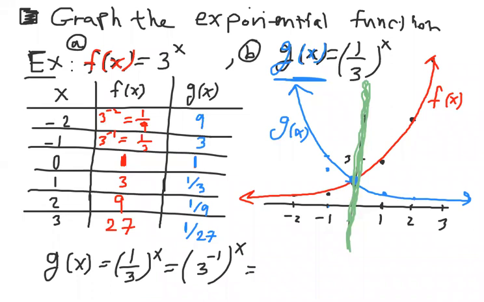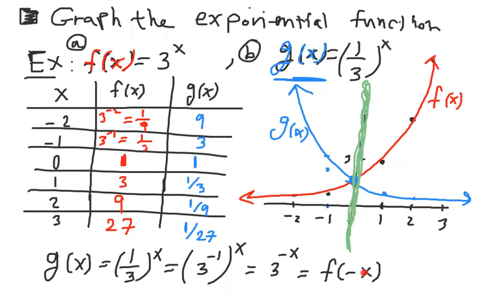It gives me 3 to the -x, and this is exactly f of -x. So g of x is equal to f of -x. This is the relation between the two functions.